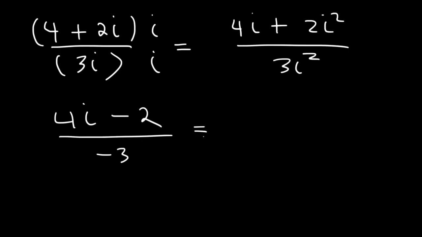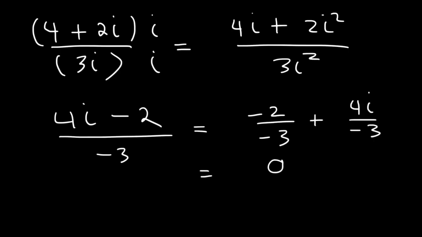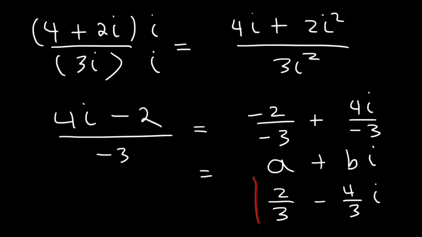So here I'll have 4i minus 2 over -3. So I'll have -2 over -3. Therefore it will be 4i over -3. So in the form of a plus bi, I will have 2 over 3 plus 4 over 3 i. So now that will be the answer.